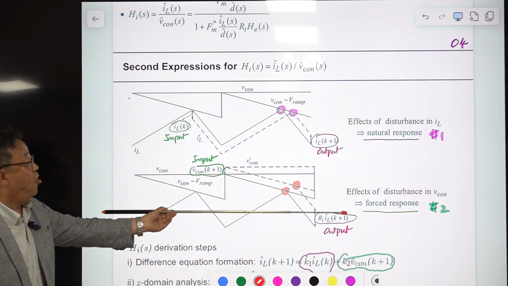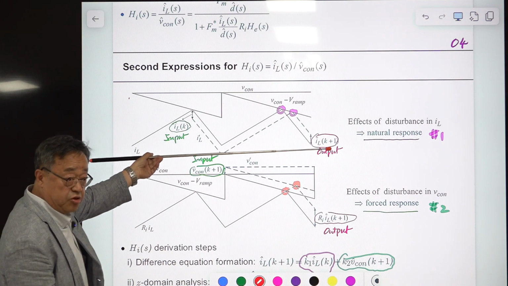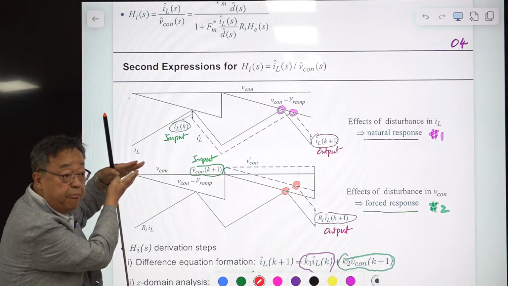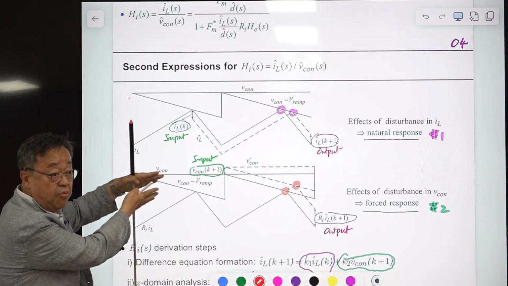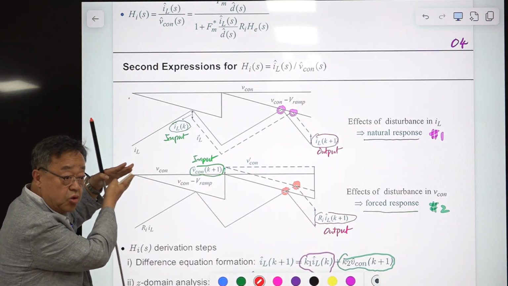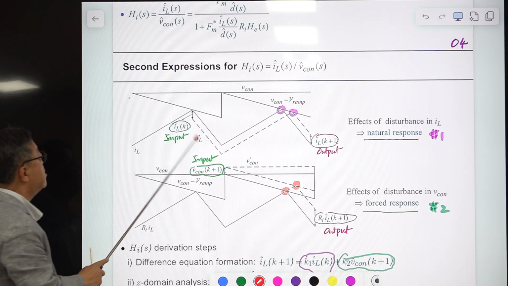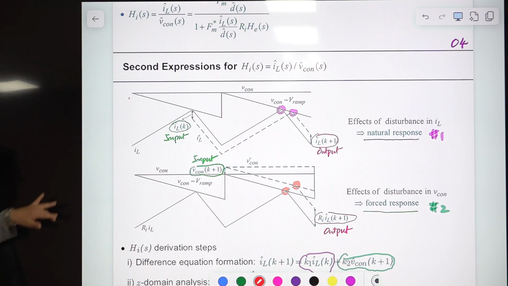This is the forced response, and this is the natural response, and you add them together, then you have the complete response, which is the sum of the natural response and the forced response, which takes care of the disturbance coming together. So that can be the general solution.